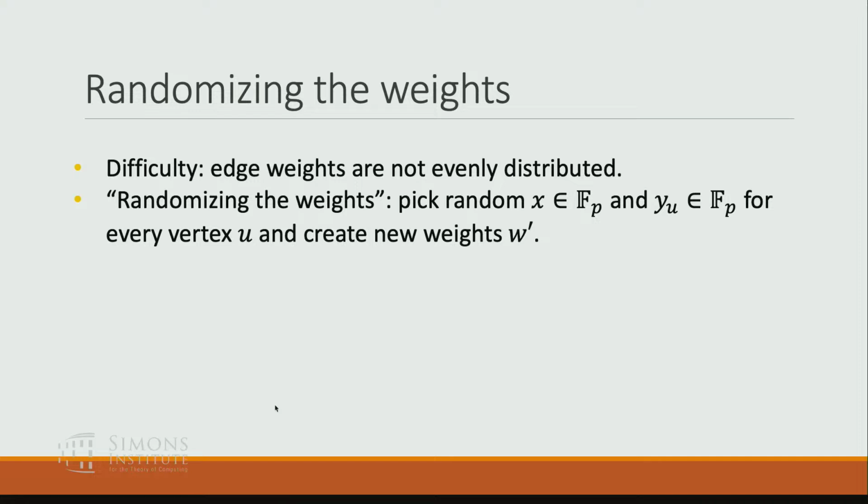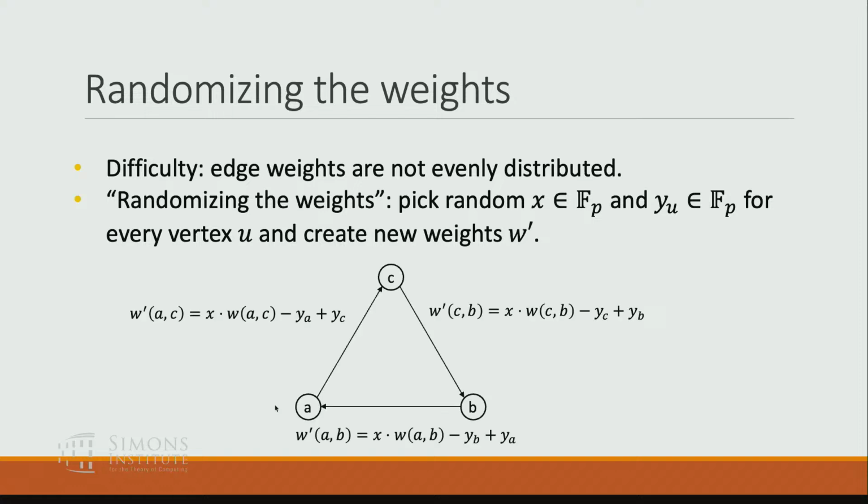We pick a random element x from Fp, and for every vertex u, we pick a random element y_u, and then we'll create the new weights w prime in the following way.